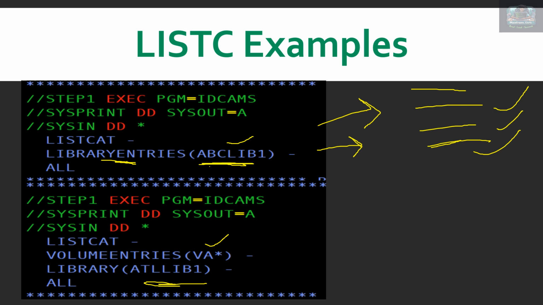How many entries are there in this particular library? Then you can list all this here. You just say VA star here and you can see how many VA star volumes there are, what the expiration date is, and complete information about that, because you're using the ALL parameter here. Just remember, the ALL parameter works everywhere in LISTCAT if you want every information about that particular entry.